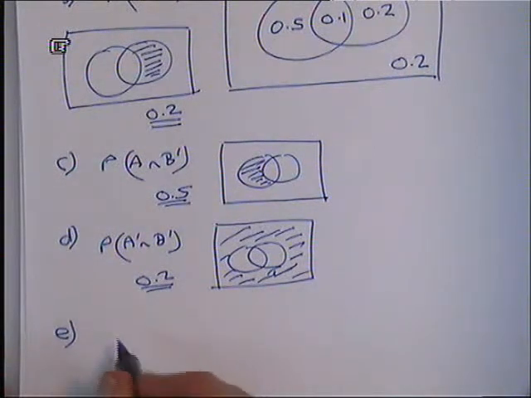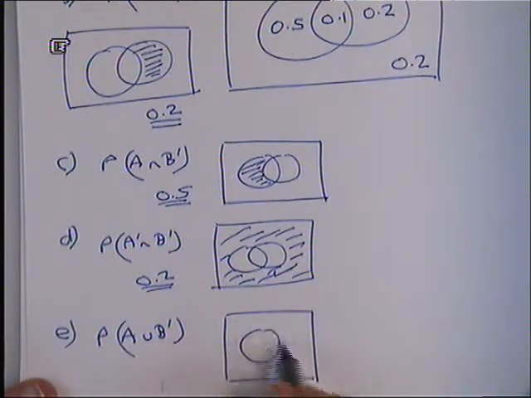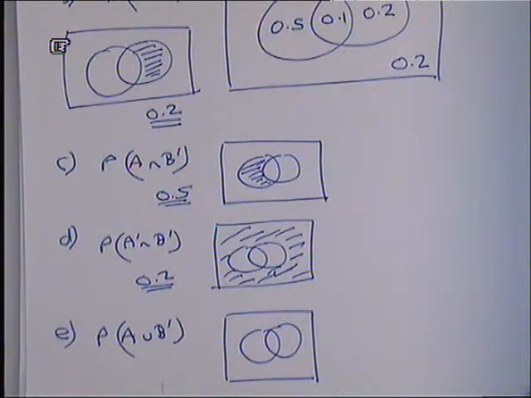E, the next bit, is A union B dash. This means it's in A, or it's not in B, or it could be both. And the way to do this is you can just shade in both bits.